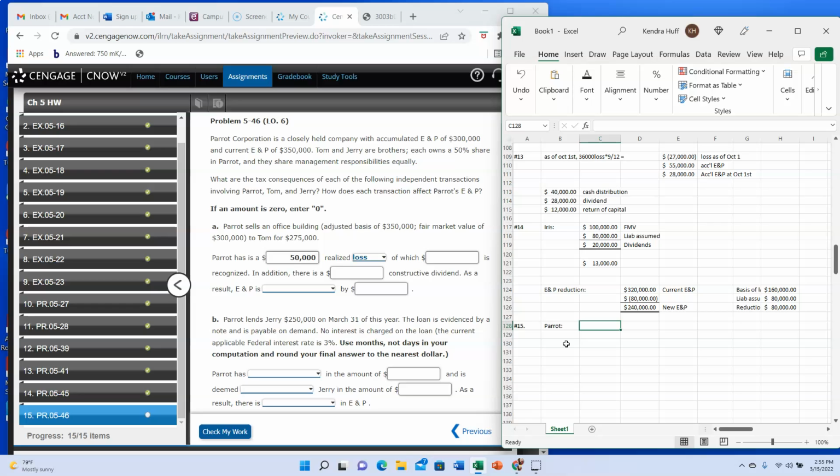Okay, so here's Parrot. You've got a fair market value of $300,000. Notice I'm using the fair market value and not what they actually sold it for. All right, so here's the basis at $350,000. So if you subtract that, that's a realized loss.